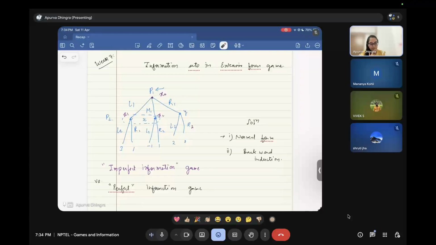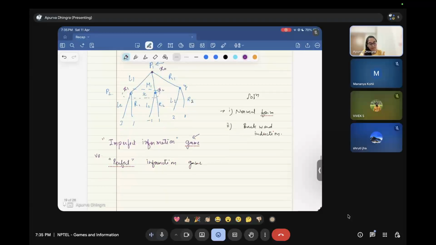He can see that it is not R1 if he's in this section, but he can't tell whether L1 was played or M1 was played. For him, somehow those two became similar, and these types of games are called games with imperfect information.